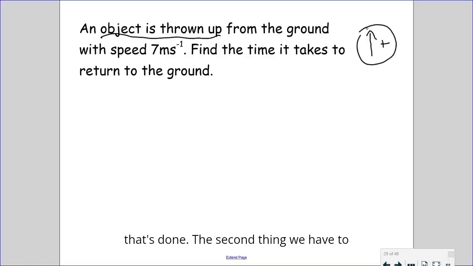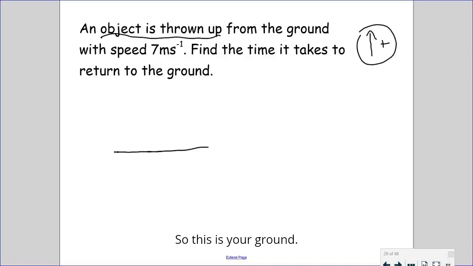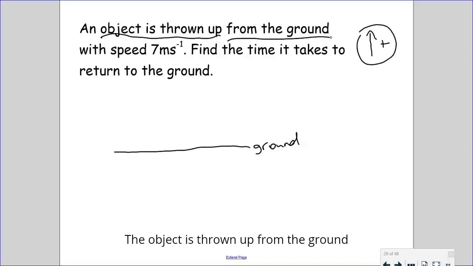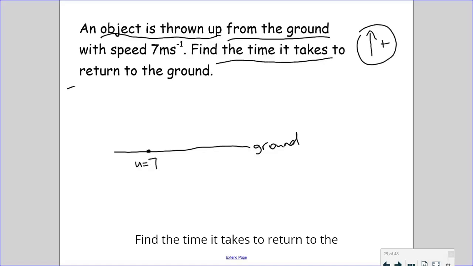That's done. The second thing, we have to draw a diagram. Right, so this is your ground. The object is thrown up from the ground with speed 7. That means your starting speed is 7, right? Find the time it takes to return to the ground.